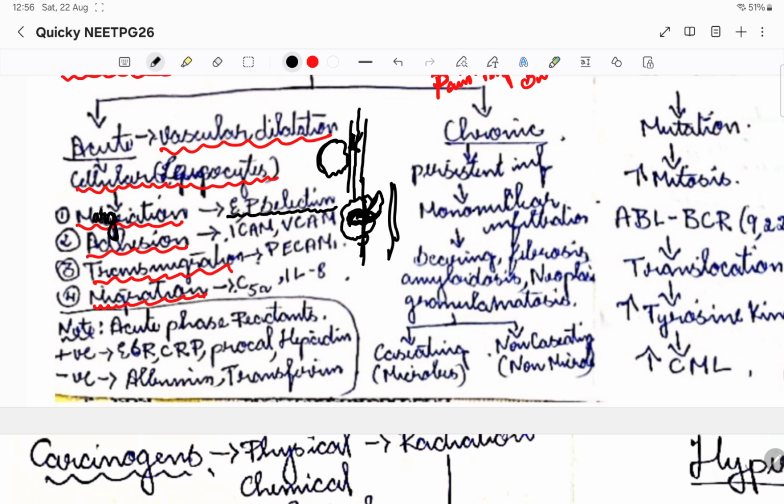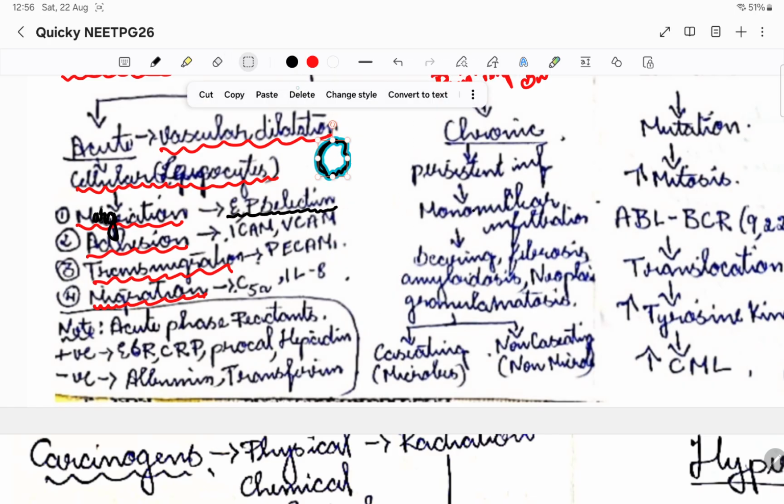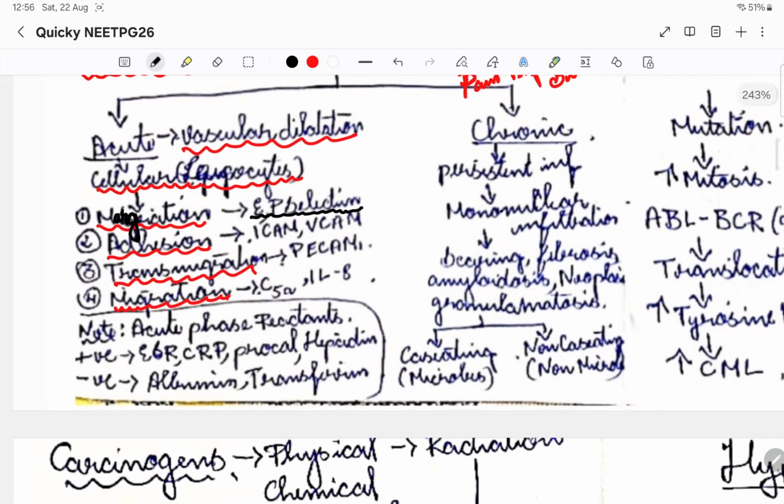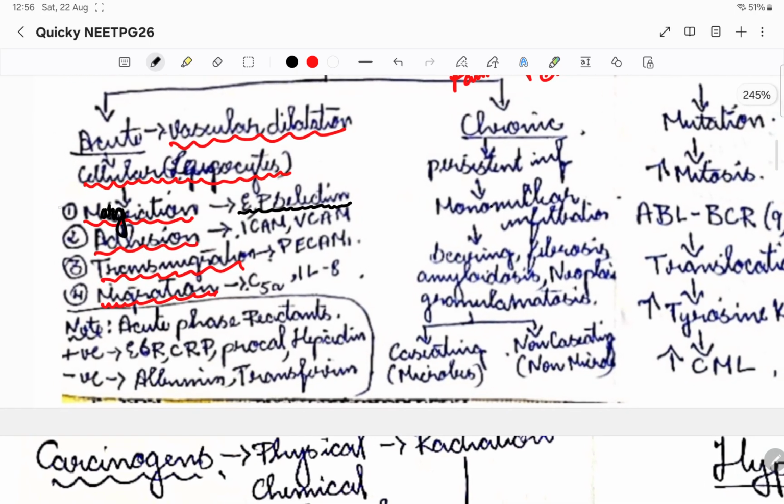Then after that, it is going to migrate into different places and try to engulf all the bacteria and pathogens that are present there. So this is how the acute inflammation cellular activity will take place. Please remember these 4 steps: margination, adhesion, transmigration, and migration.